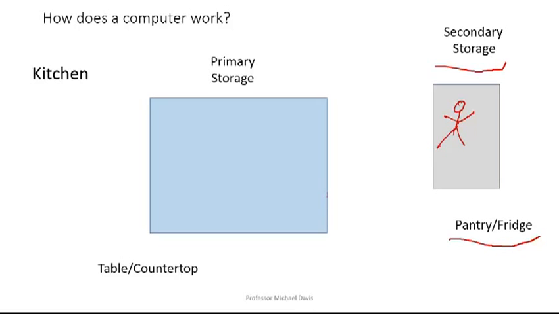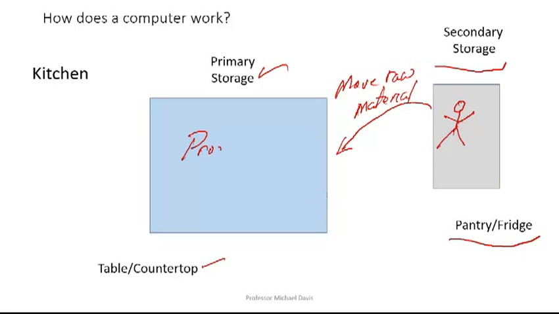Quite the contrary, you would move the raw material from that secondary storage location to some primary storage location. And that primary storage location in the kitchen is the counter or the table or the stove top or someplace like that. And it would be there that you would actually process the food.